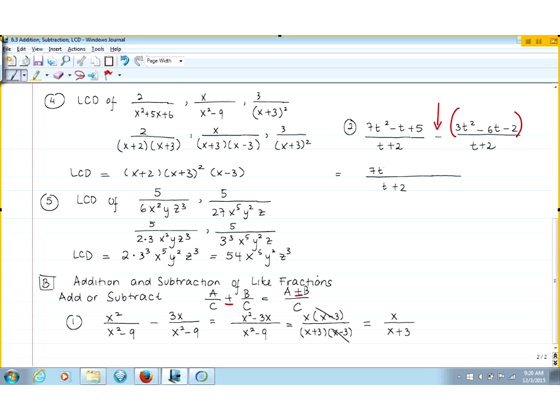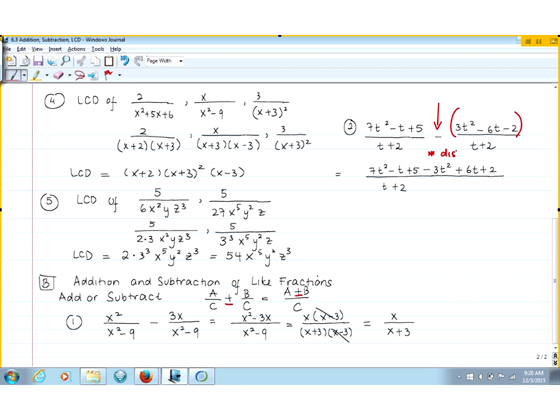And what do I have on top? 7b squared minus b plus 5, and then minus what? 3b squared, and then plus 6b plus 2. So make sure that we distribute the negative.